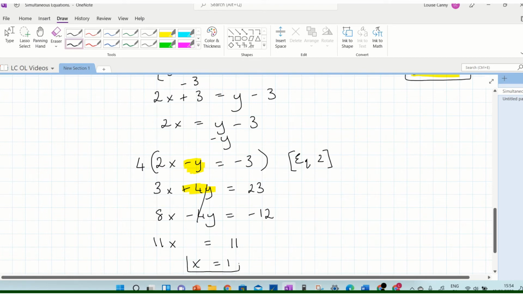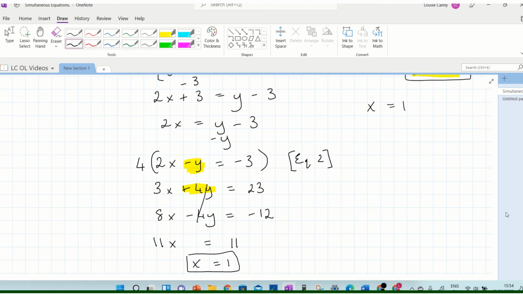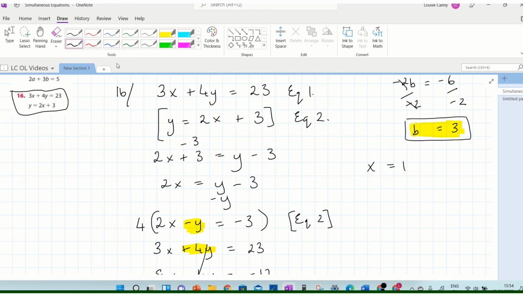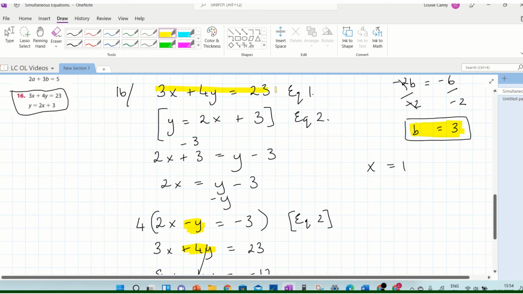So I have found a value now for x, and I'm going to go back and substitute that x value into one of my other equations. So let's look at equation 1 that we started with up here. Let me put in x is equal to 1 into that equation. So I say 3 times 1 plus 4y is equal to 23.